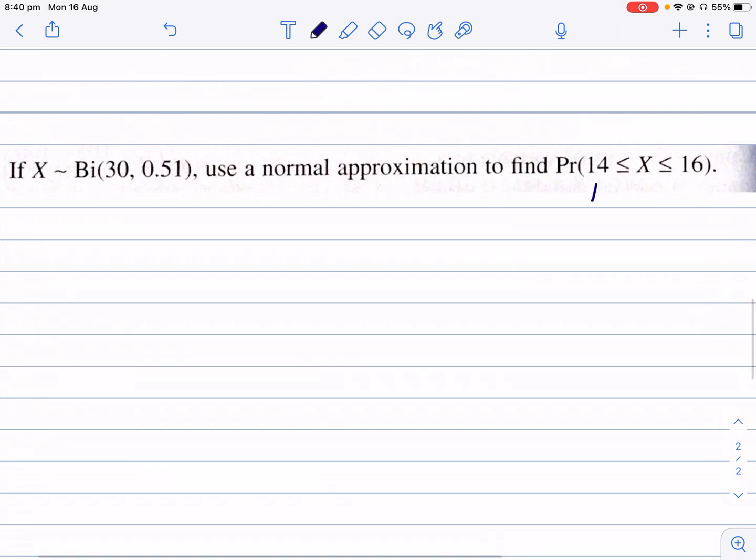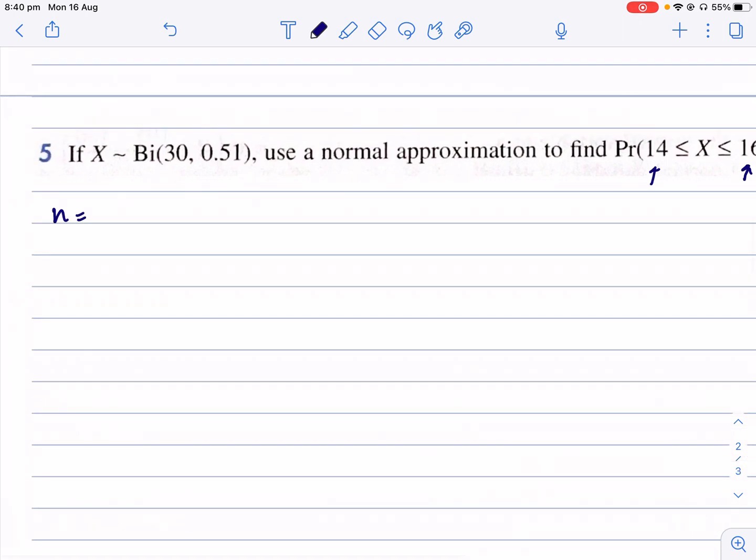Now though, we're going to have two z-scores to find and interpret. So n is 30, p is 0.51, our mean is going to be 30 times 0.51, which is 15.3. Standard deviation is going to be the square root of 30 times 0.51 times, in brackets, 1 take 0.51, sound like a robot, 2.7381.